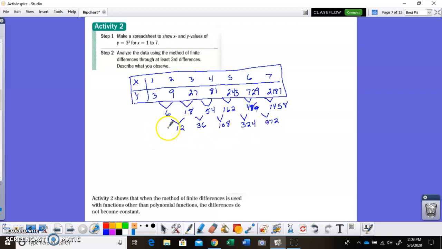So it's not quadratic because we got to the second line of differences and it's not constant. So let's go ahead and do the third line of differences.